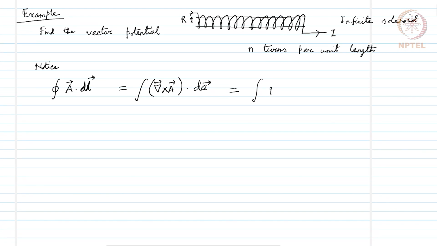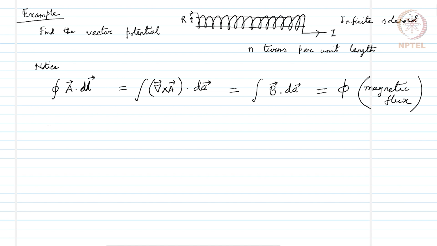So it's the integration over B dot dA, the surface integral of the magnetic field. This is known as the magnetic flux, just like in the context of electrostatic field, we had an electric flux. This is the definition of magnetic flux in similarity. So the closed integral over A dot dl equals the magnetic flux.